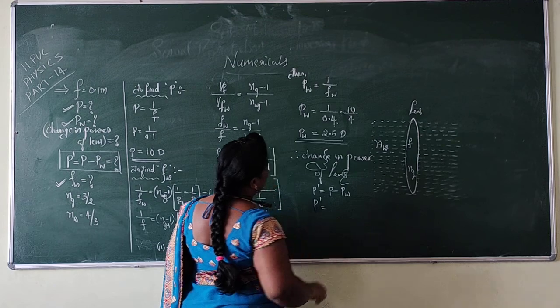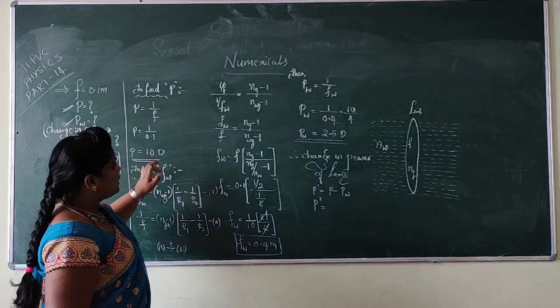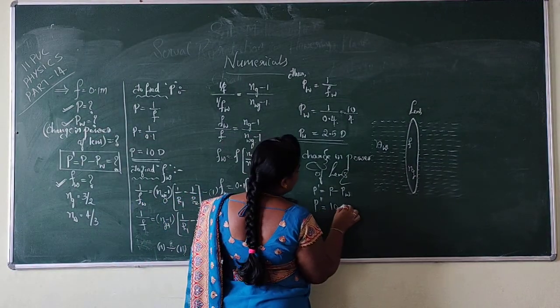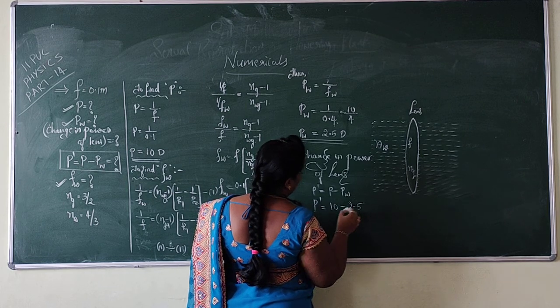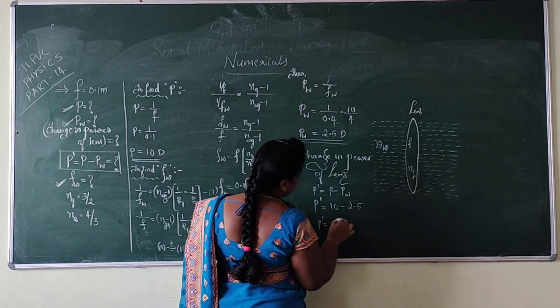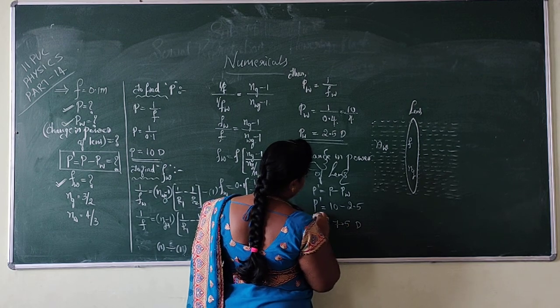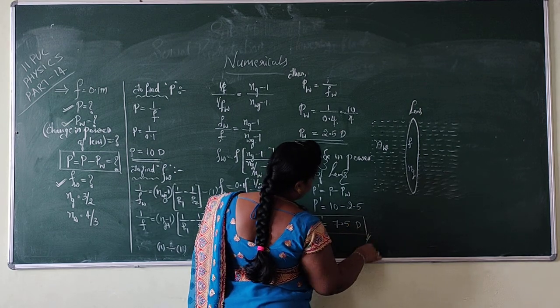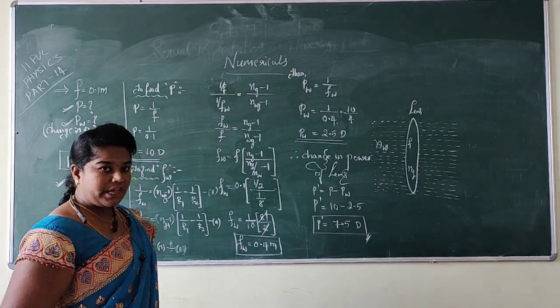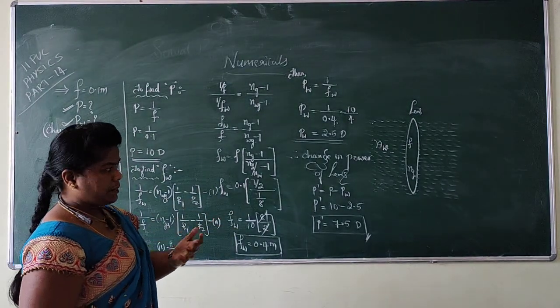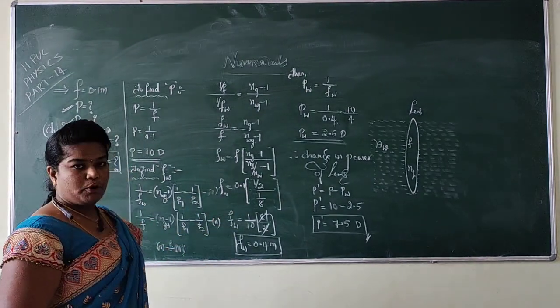What is P here? P is 10. 10 minus 2.5, how much will you get? 7.5 diopter. That is the power that has been changed when the lens is kept inside the water. Hope you got this.